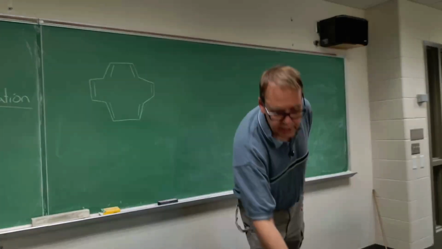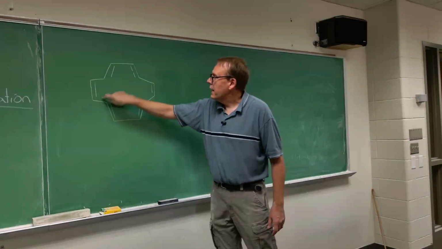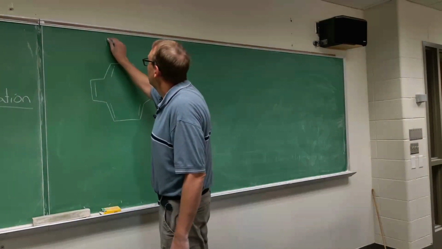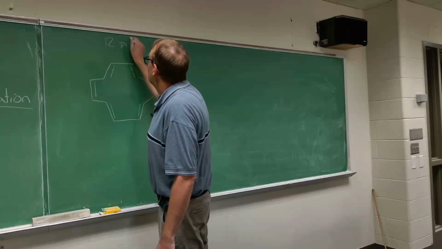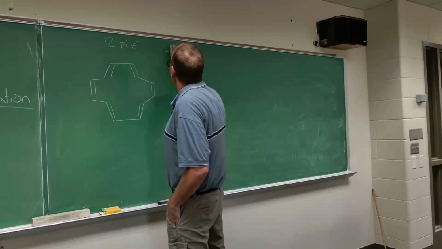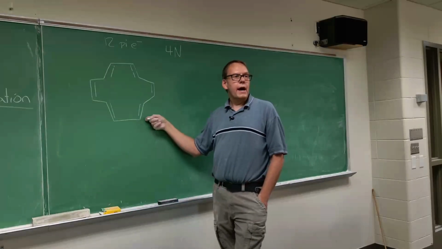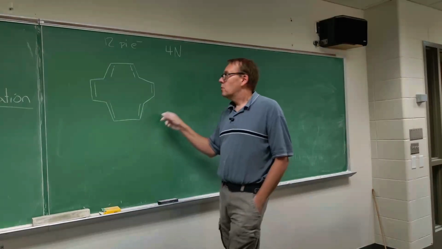So if we start counting them, 2, 4, 6, 8, 10, 12, 12 pi electrons, this is a multiple of 4n. So this is one that if it were flat, it would be anti-aromatic.